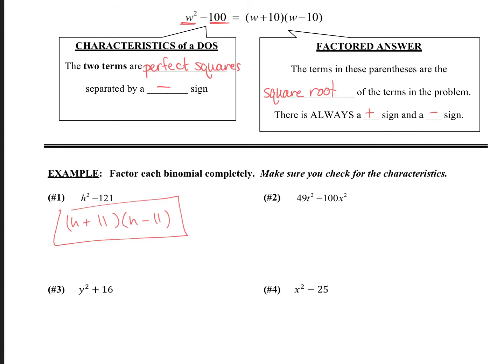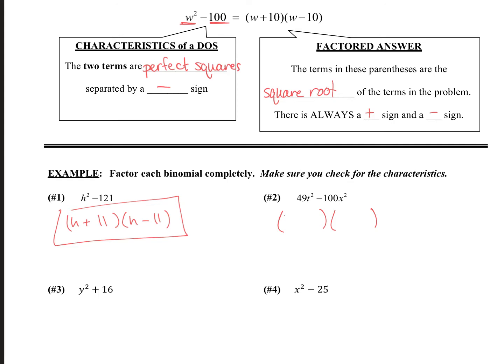Let's look at the next one. I'm going to set up my parentheses. What is the square root of that first term, 49t squared? The square root of 49 is 7, and the square root of t squared is t.